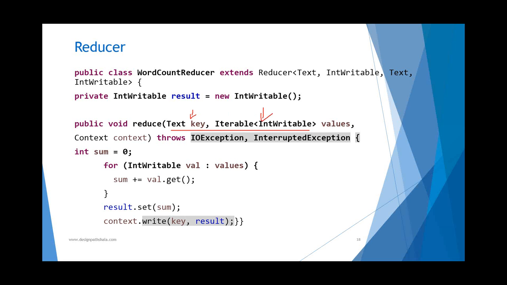And the in-between data which is produced out of the mapper is not written into HDFS, it is written into the local node where your mapper is running. Can anyone think of the reason why that data produced out of the mapper is written into the local file system and not onto HDFS before it's passed to the reducer phase? Why is it not written on HDFS?